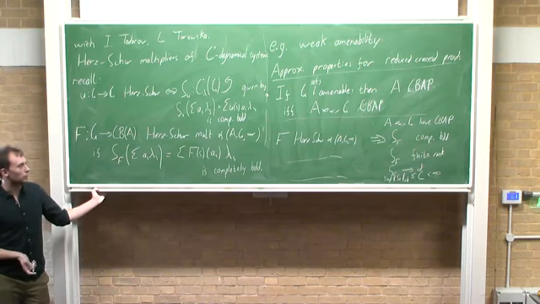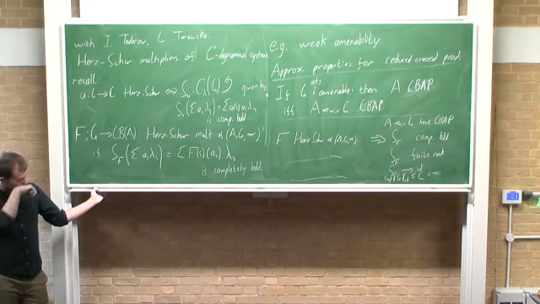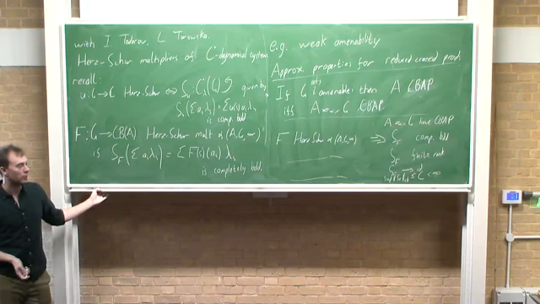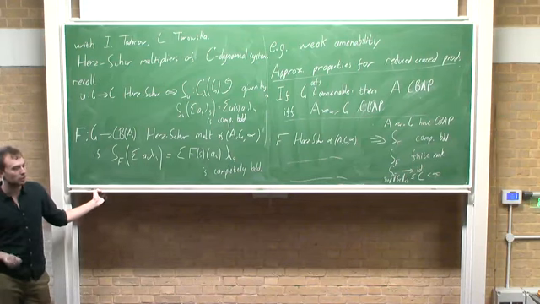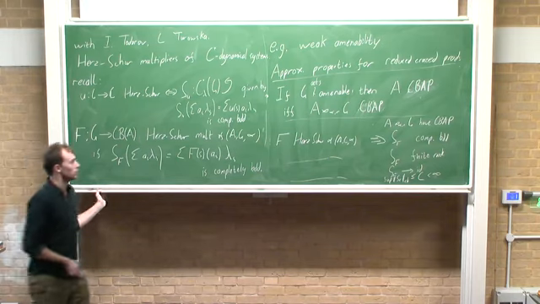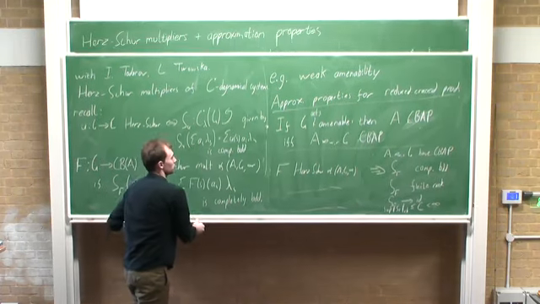What I'm doing now is trying to collect some interesting examples of cross products which maybe don't behave very well. For example, there's a well-known example.